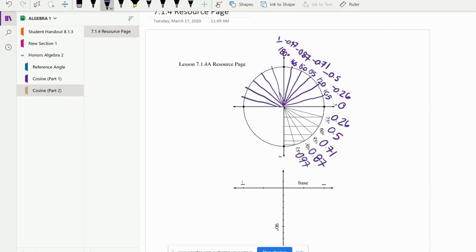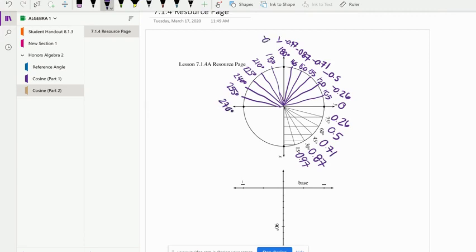All right, so again, this is every 15 degrees. So 195, 210, 225, 240, 255, and 270.